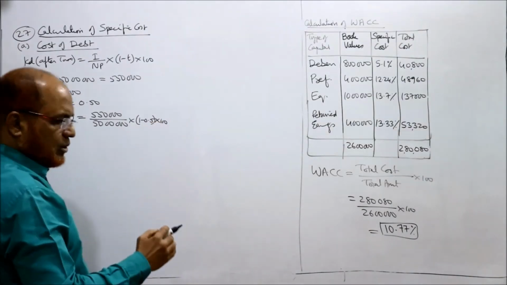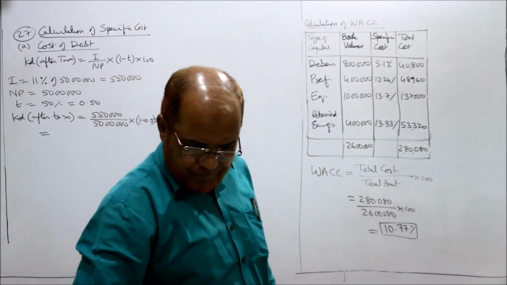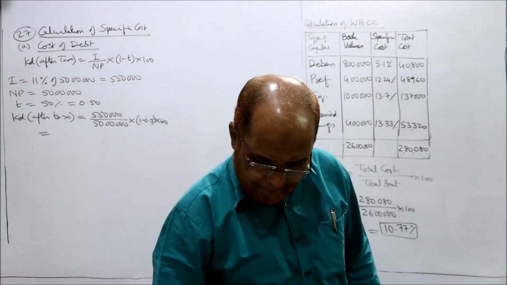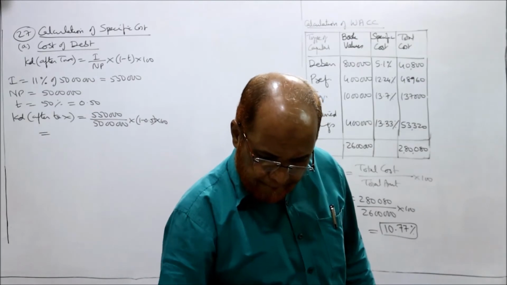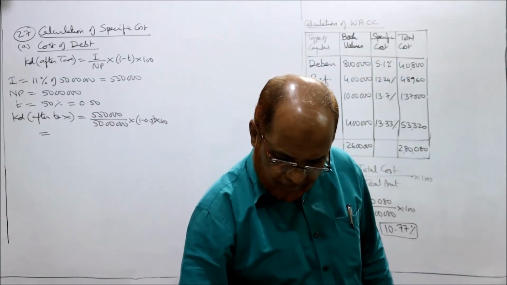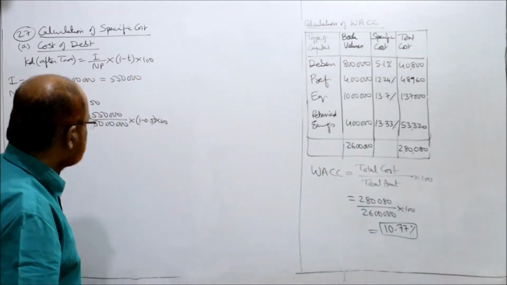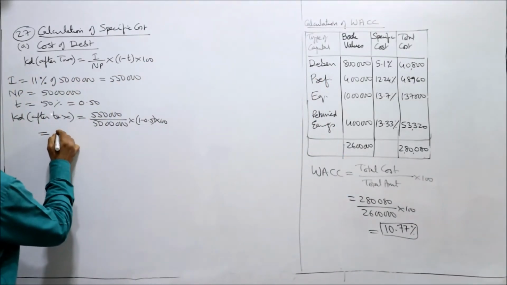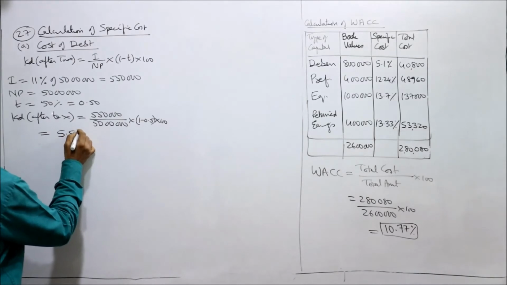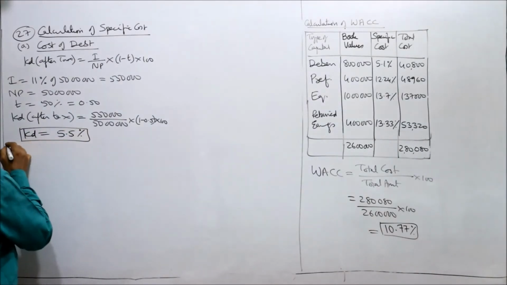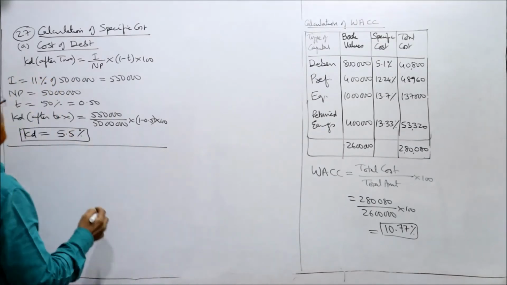That is equal to 5,50,000 divided by 50 lakhs into 0.5 into 100, which is 5.5%.